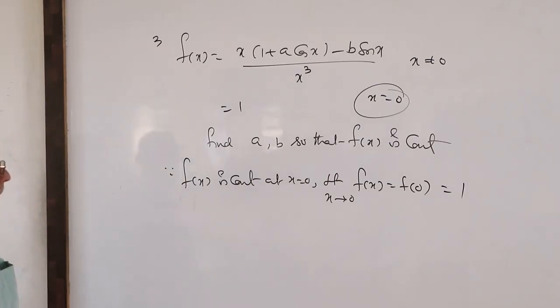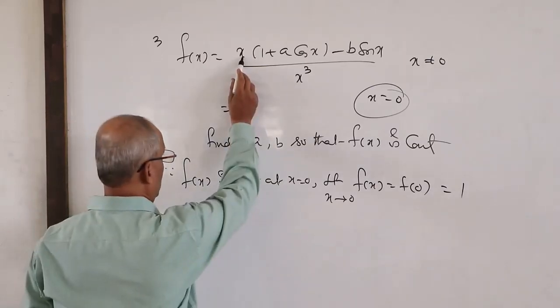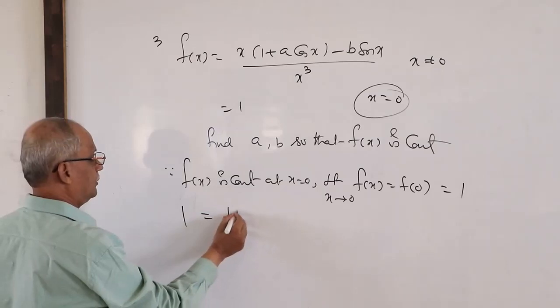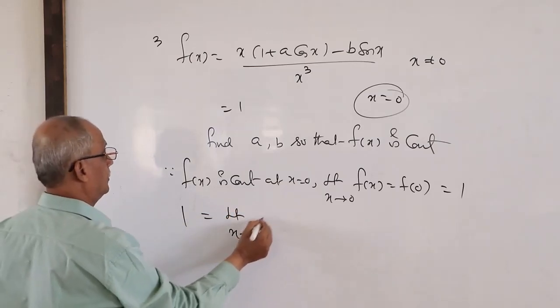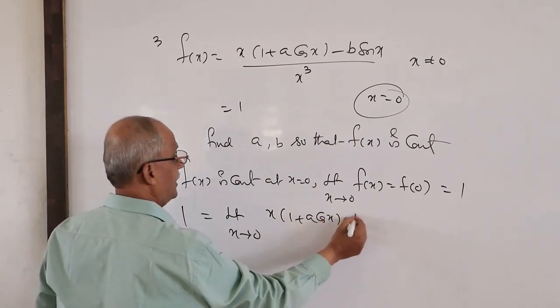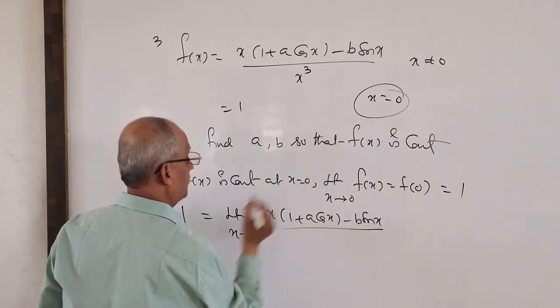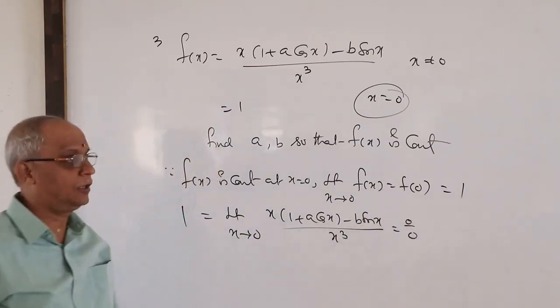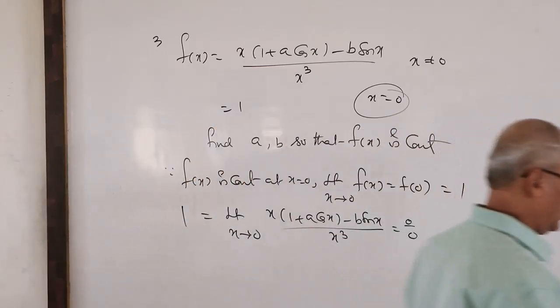Now you see. Suppose if you put x equal to 0, it is 0 by 0 form. So 1 is equal to limit x tends to 0, x into 1 plus a cos x minus b sin x by x cube. Is 0 by 0 form. Immediately, what is the procedure you can do?